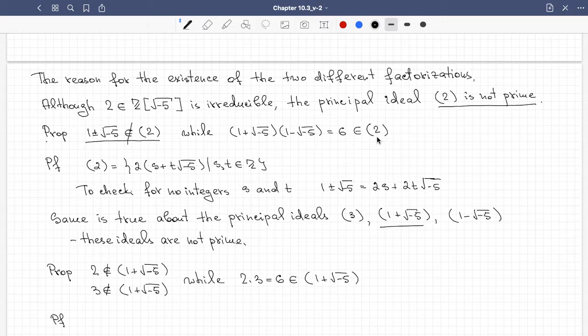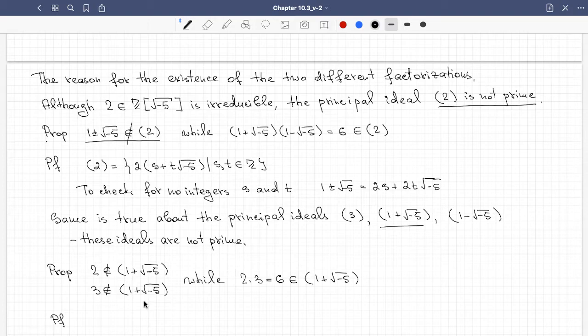It is also obvious that 6 belongs to this ideal because we multiply that by 1 minus root of negative 5, some element of the ring, and get 6. So as 6 is a multiple of this element, we multiply by 1 minus root of negative 5, therefore 6 is inside this ideal. So that is obvious.